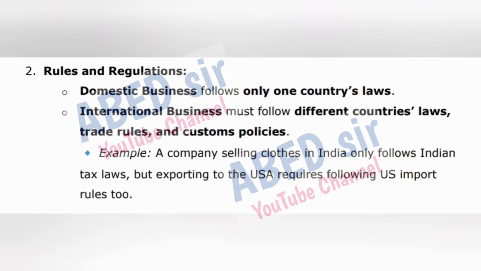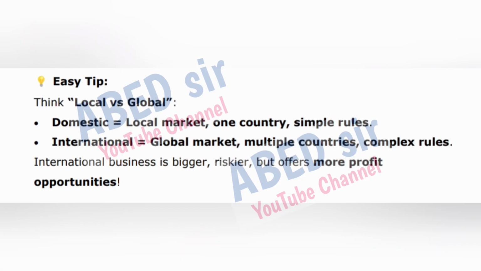Domestic business follows only one country's laws. International business must follow different countries' laws, trade rules, and customs policies. Example: a company selling clothes in India only follows Indian tax laws, but exporting to the USA requires following US import rules too.